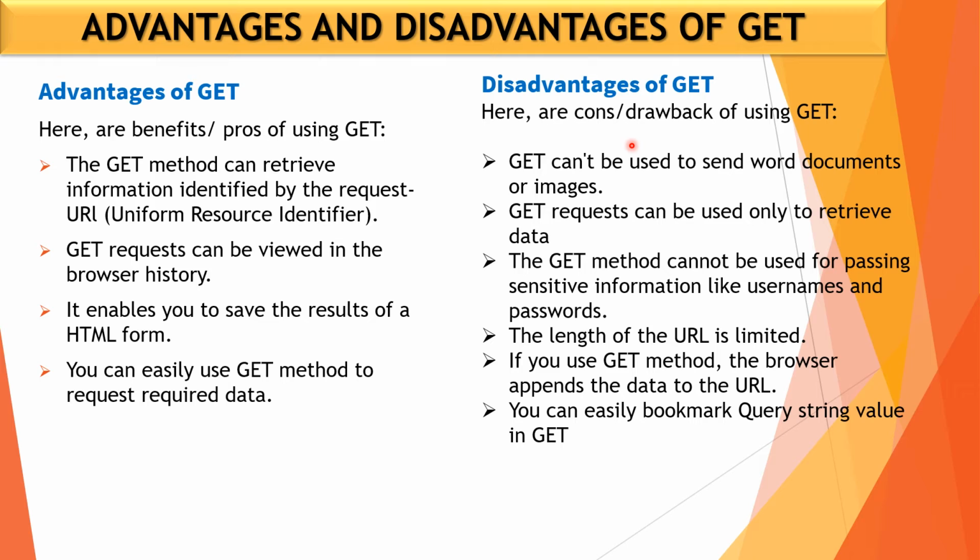The get request can be used only to retrieve data, not to save data. The get method cannot be used for passing sensitive information like usernames and passwords.